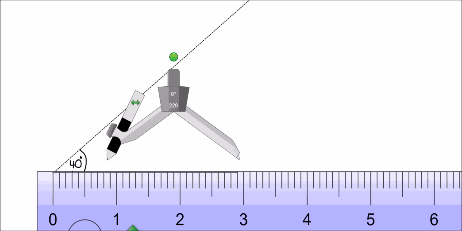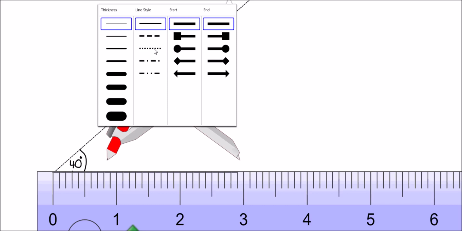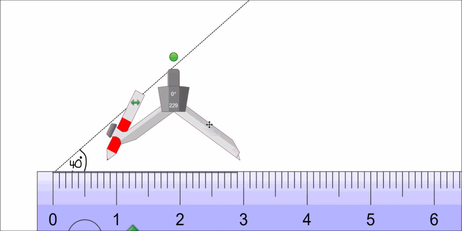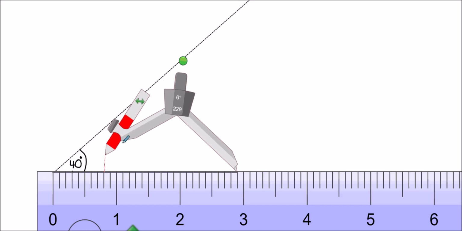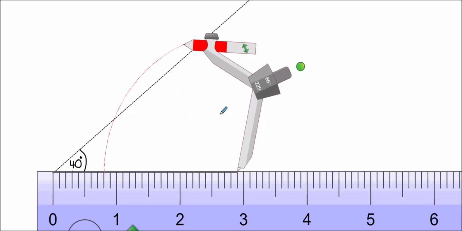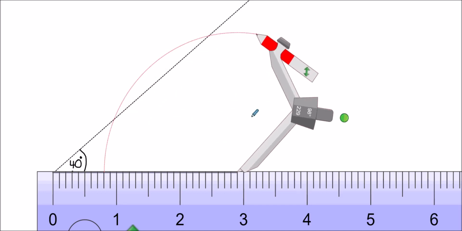I'm now going to draw in, again with a dotted line, all the points 2.1 centimeters away from point B. Like so.